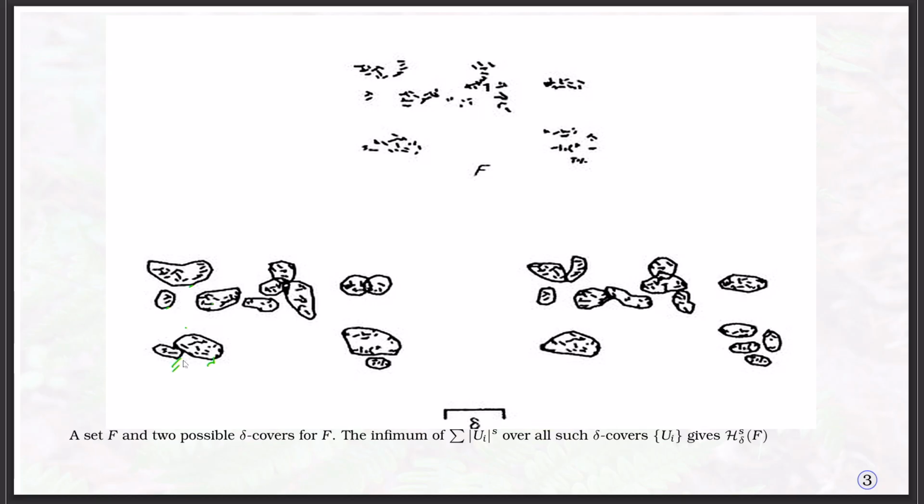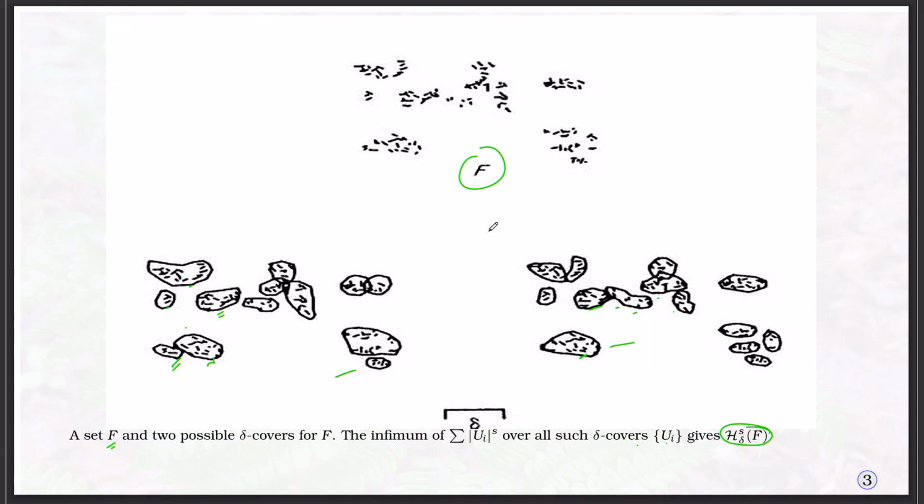Similarly, in the other cover the balls have different sizes covering the set F. So, this is one cover of F and this is another cover of F. A set F and two possible delta covers of F are given here. The infimum of the sum of |U_i|^s over all delta covers U_i gives the quantity H_delta^s(F). I can call this H^s(F).